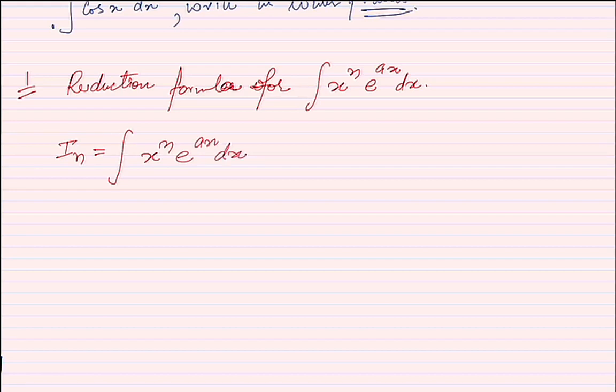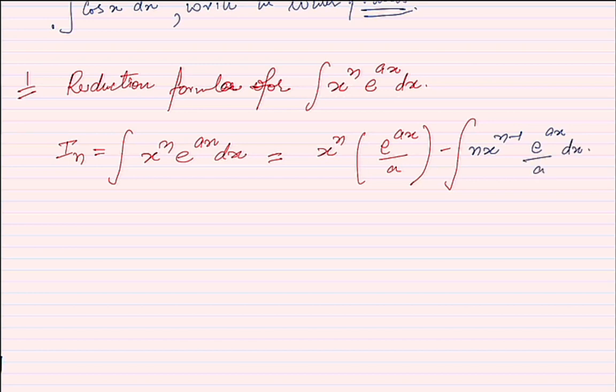Okay, and now I integrate it using parts. So first function as it is, integral of second, e raised to power ax upon a, minus integral of derivative of first and integral of second.